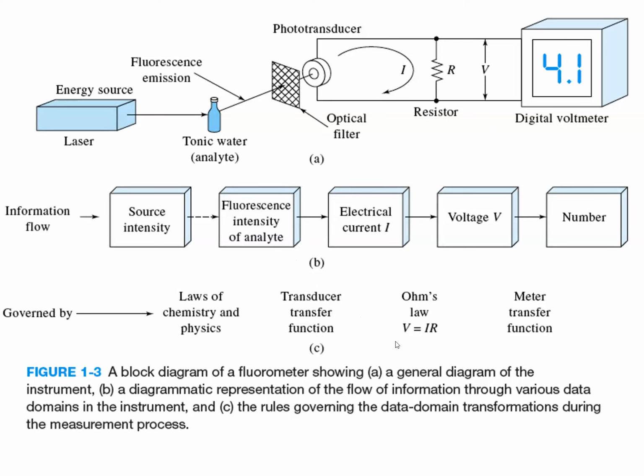And then it's also governed by Ohm's law. Ohm's law, V, voltage is equal to current times resistance. And then we also have the meter transfer function. Whatever you measure, it has particular rules that govern how it's going to display the number that you get. So again, this is a very quick block diagram that tells us about the laws that govern what you'll see.